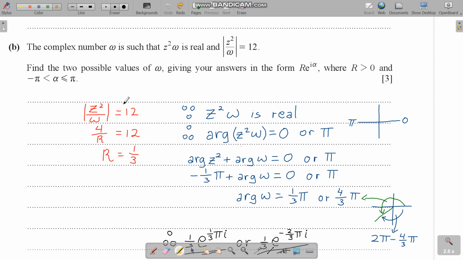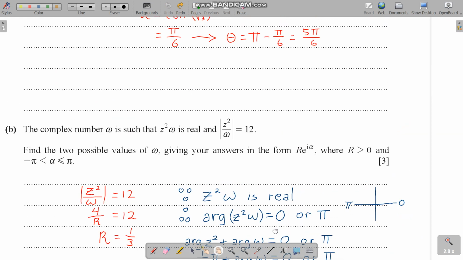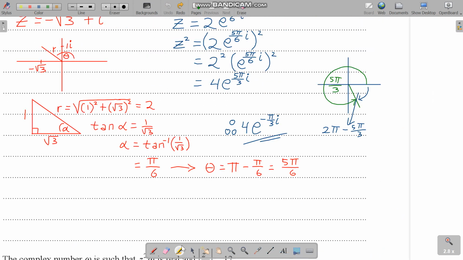When we divide complex numbers in exponential form, we simply divide the moduli and subtract the arguments. So in this case, because we're talking about the modulus of z squared, previously we know it is 4.